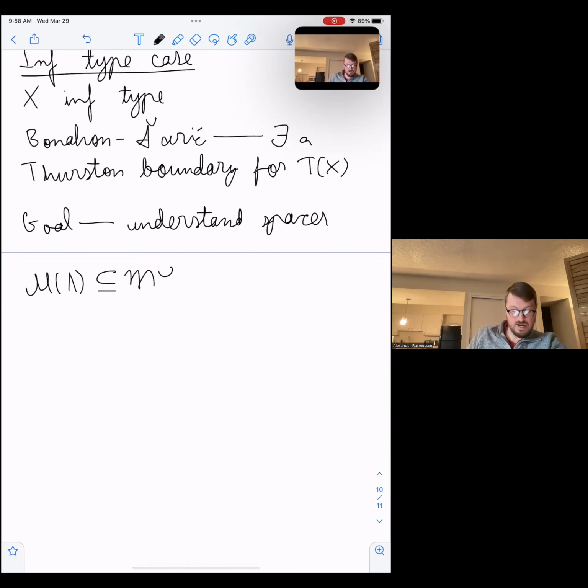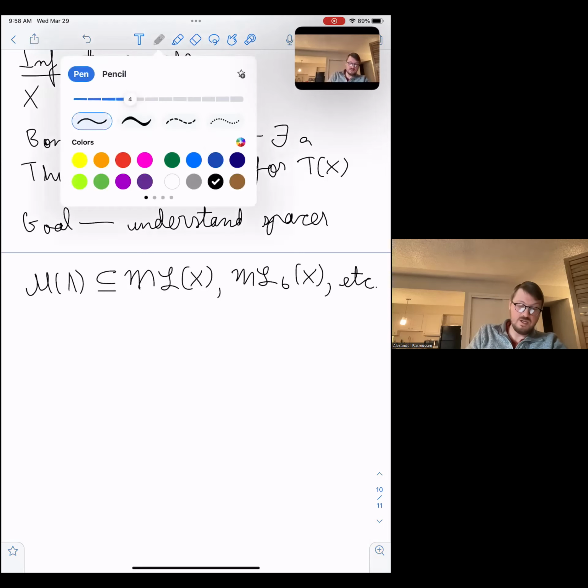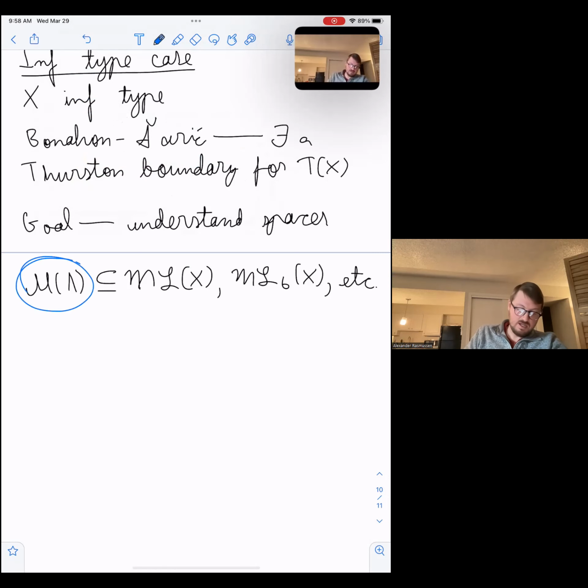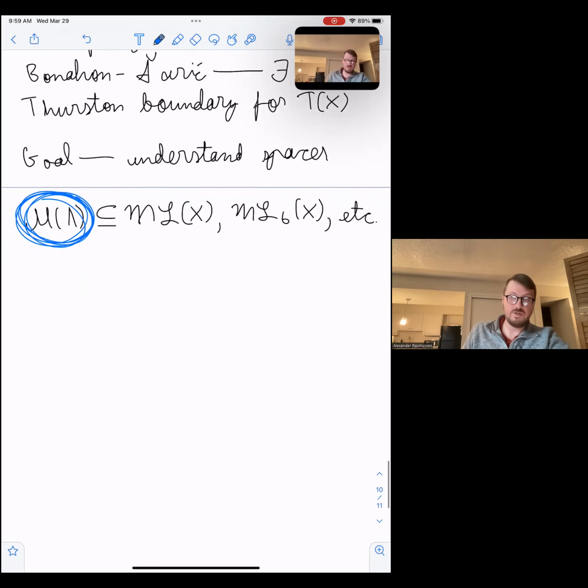These are natural important subsets of these spaces ML of X of all the measured geodesic laminations on X.